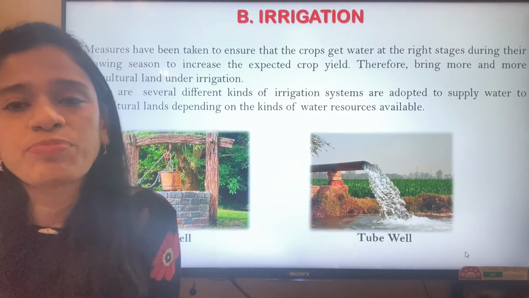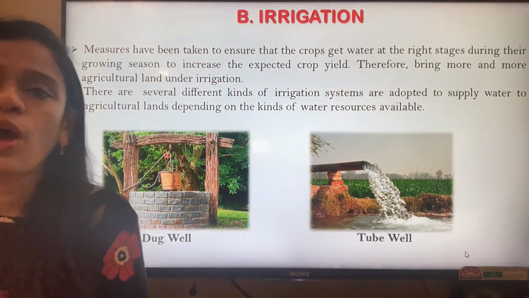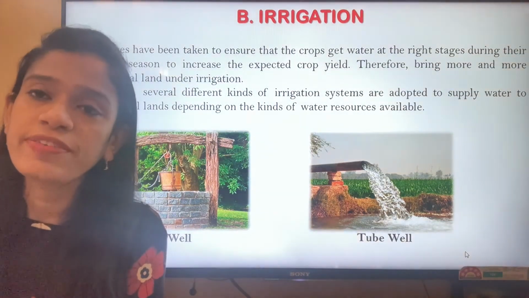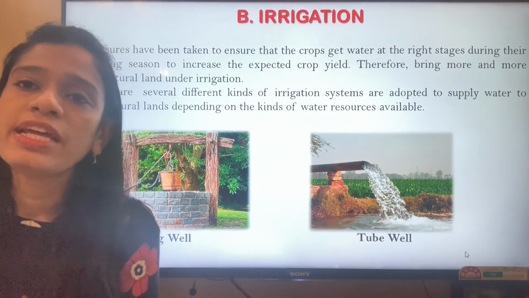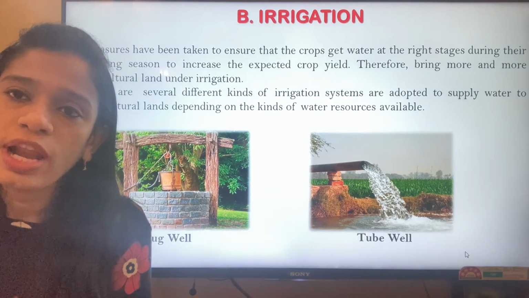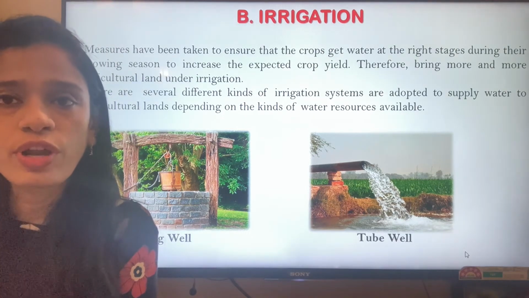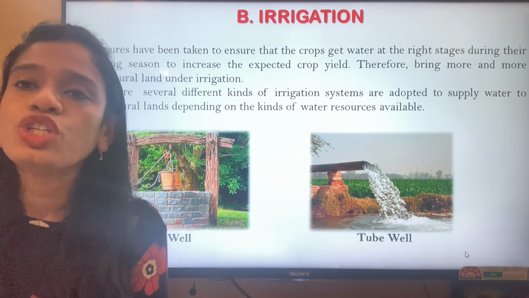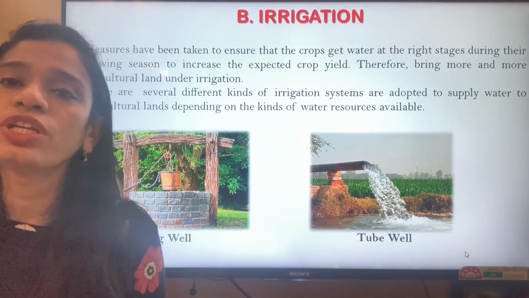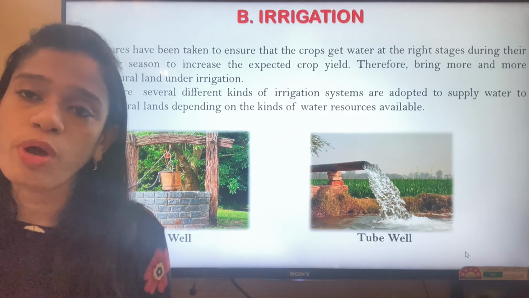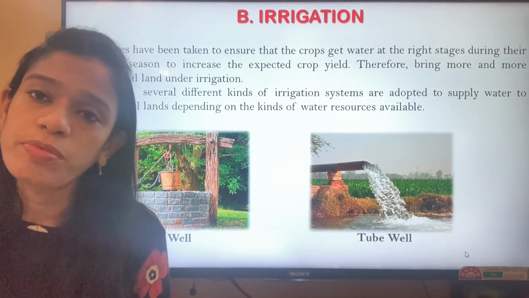Moving on to the next part, that is irrigation. I told you that India is mostly a rain-fed country, but due to scarcity of rainfall and also erratic rainfall, it is very difficult to conclude that we will get the rain at the proper time and in proper amount.